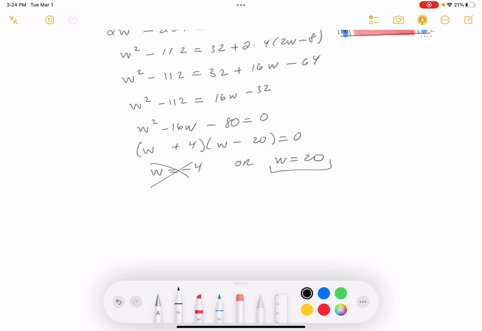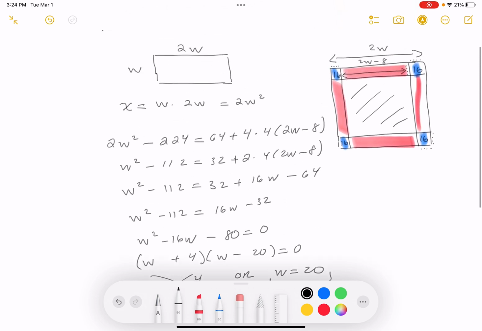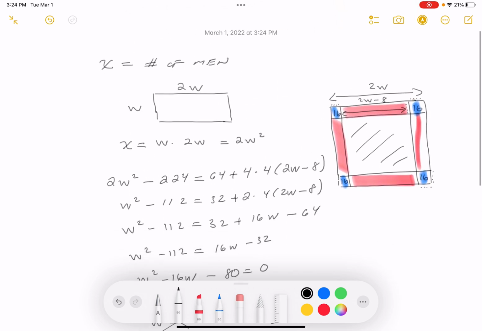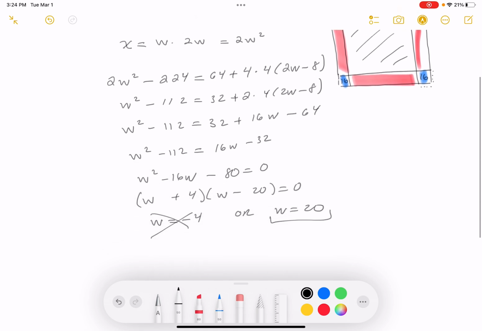It has to be 20. Someone says, I didn't remember what 20 means. It's the width of the original column. There's 20 men here, and what's over here? 40. Now, what's the question? How many men are there? There's 20, that's the width, and the length of that column is 40, which gives me 800 men.